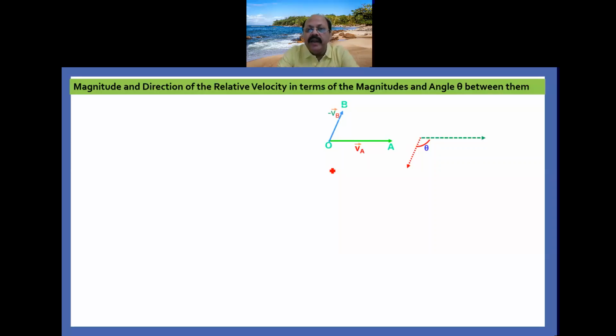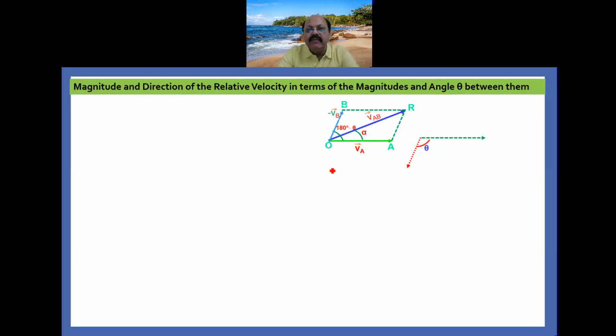Now, when we take minus VB vector and superimpose it onto the VA vector, the angle between them is 180 degrees minus theta. Draw the parallel lines of OA and OB, then it becomes a parallelogram. Draw a diagonal, and this diagonal will give the relative velocity of object A with respect to object B, that is VAB vector.